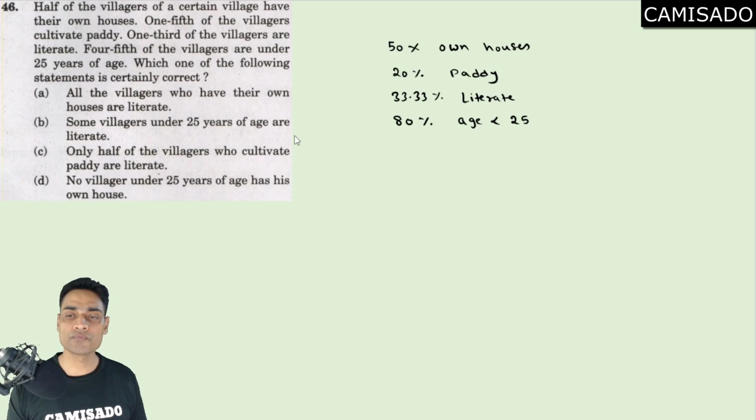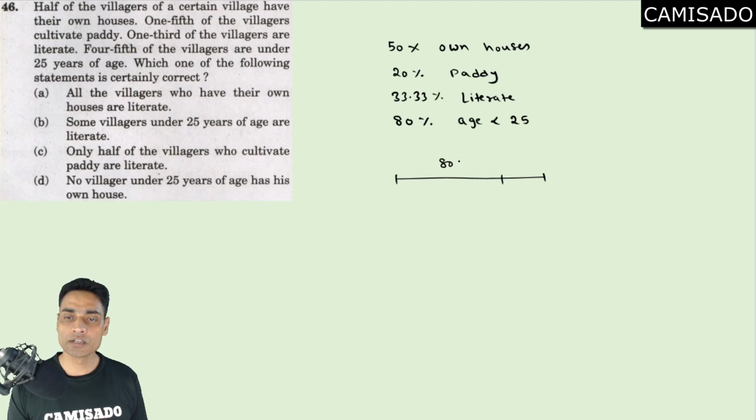Now we have to check the statements and make it out which one is correct. Statement number A, all the villagers who have their own houses are literate. No, not at all. Some villagers under 25 years of age are literate. See, this is right, I think, because this is your 100% mark. Then suppose this is your 80% marks.